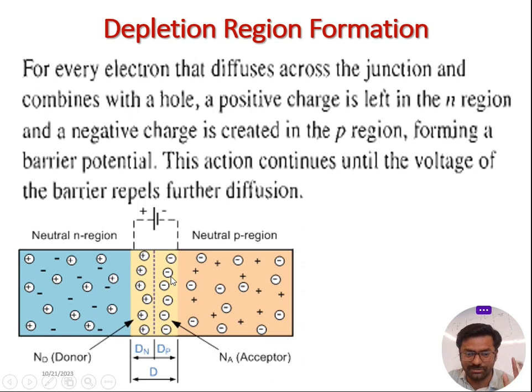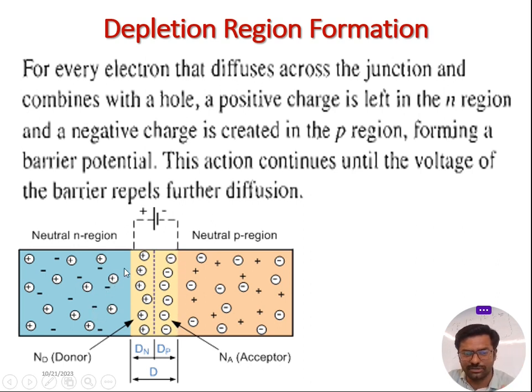It's very simple. Please try to understand. This diffusion of electrons to the P type material will continue until the electrons are opposed or repelled by the layer of negative ions created near the junction.